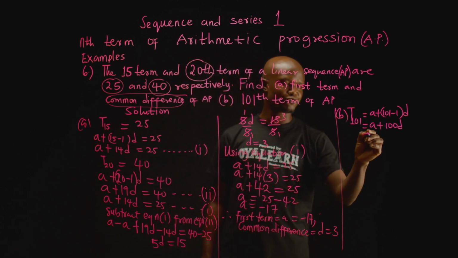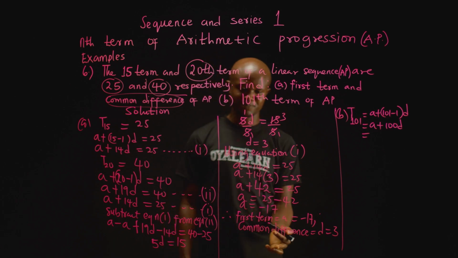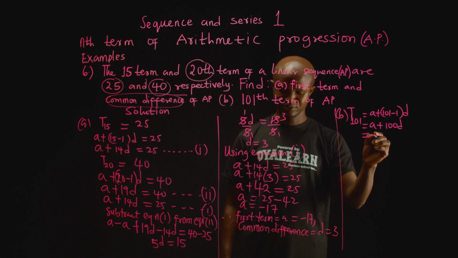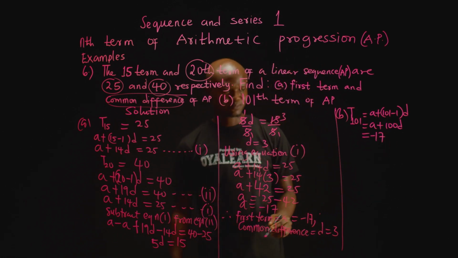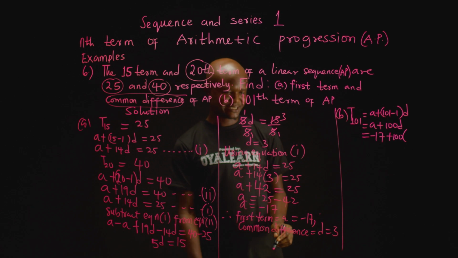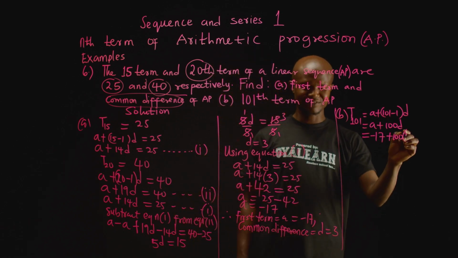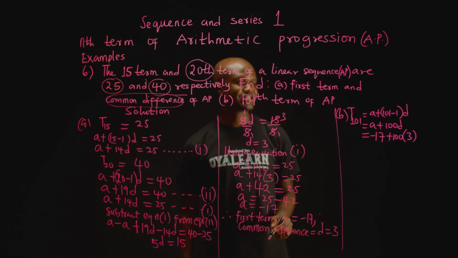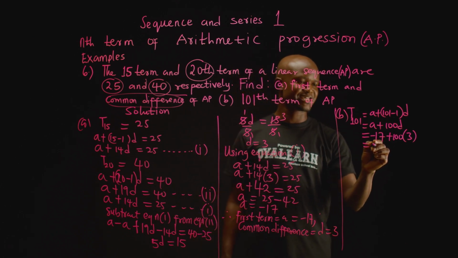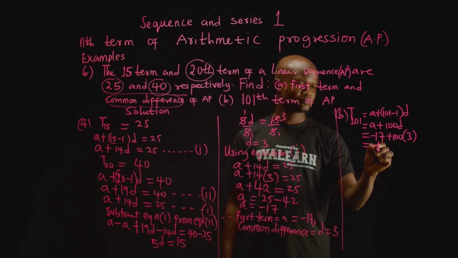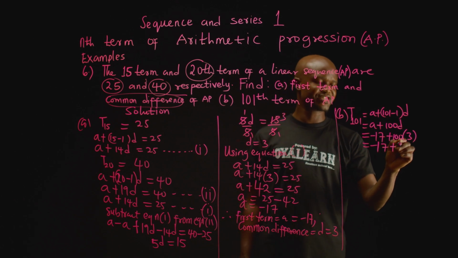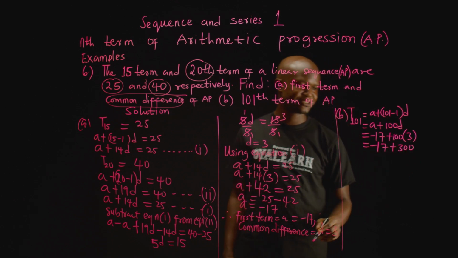And we know the value of A. What is the value of A from the first part of the problem? That is minus 17. Then plus 100 times D, and D is 3. So we have minus 17 plus 100 times 3, that is 300.